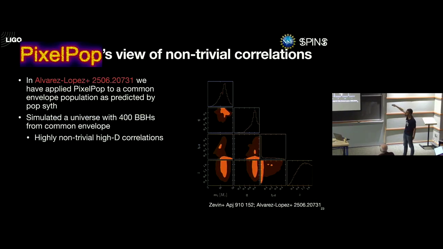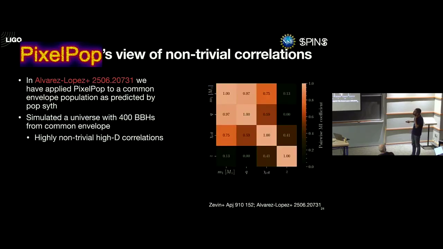If you just throw a simple power law plus peak at this, of course it will fail miserably, meaning it will give you entirely biased results. This is also shown in this matrix here, which is basically representing, for each pair of parameters, what their correlation is.